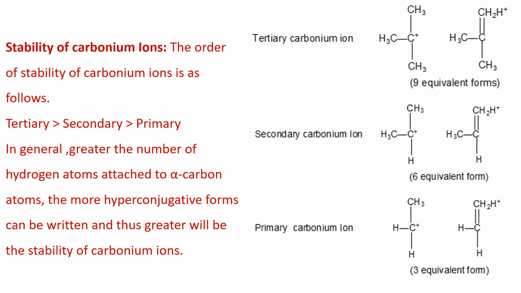In the case of tertiary carbonium ion, 9 equivalent forms are possible, but in the case of secondary carbonium ion, there are only 6 hyperconjugative resonance structures. In the case of primary carbonium ion, there are 3 hyperconjugative resonance structures. So the tertiary carbonium ion is more stable than secondary and primary.